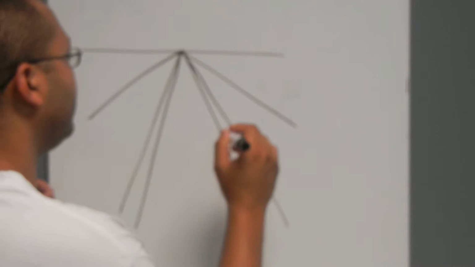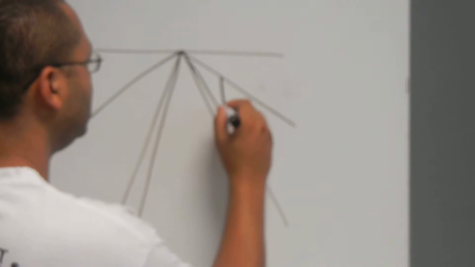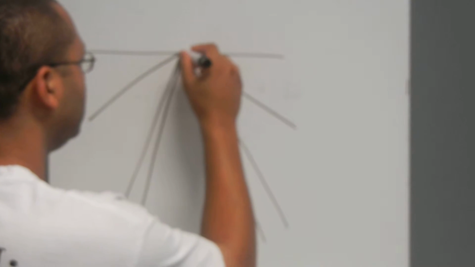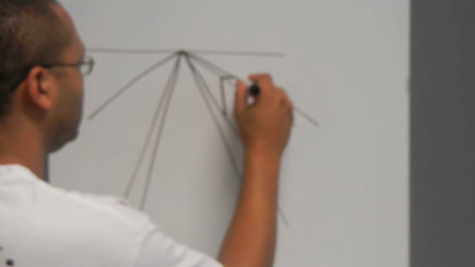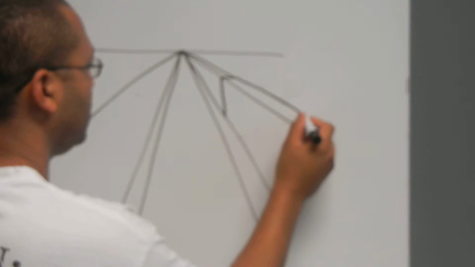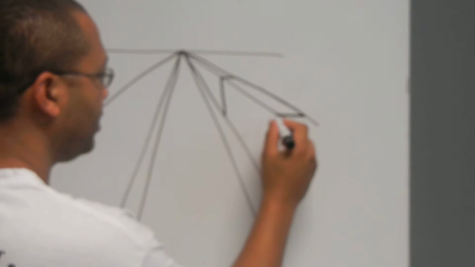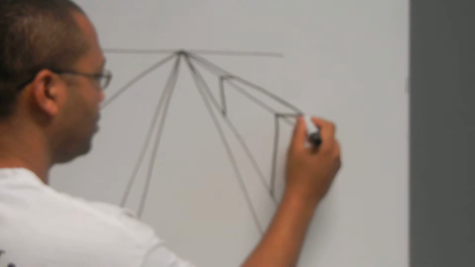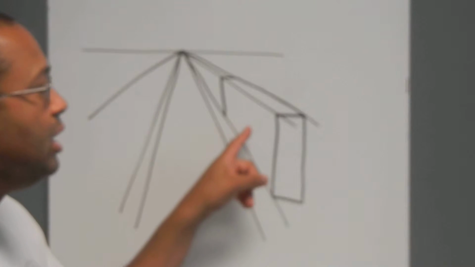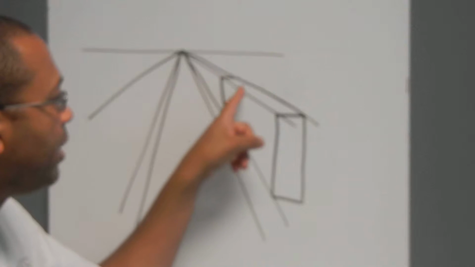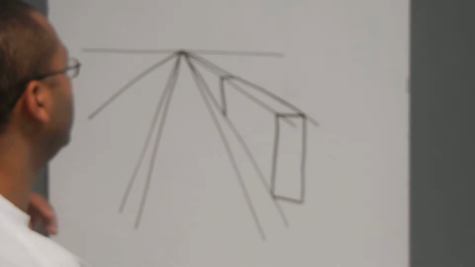So, let's just say this was the top of a building. Notice how the lines up here were basically the same, but notice how the distortion is also getting larger as it's coming closer to you.